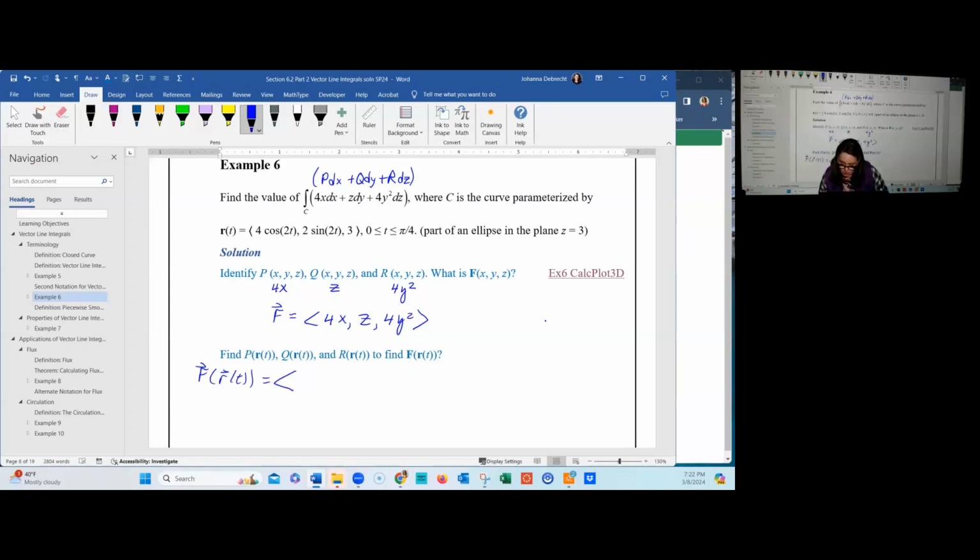P is 4 times x, so we have 4 times the x component of the parameterization. We also have a y component and a z component. Our x component is 4 cosine of 2t. This means that p of r of t is 16 cosine of 2t.